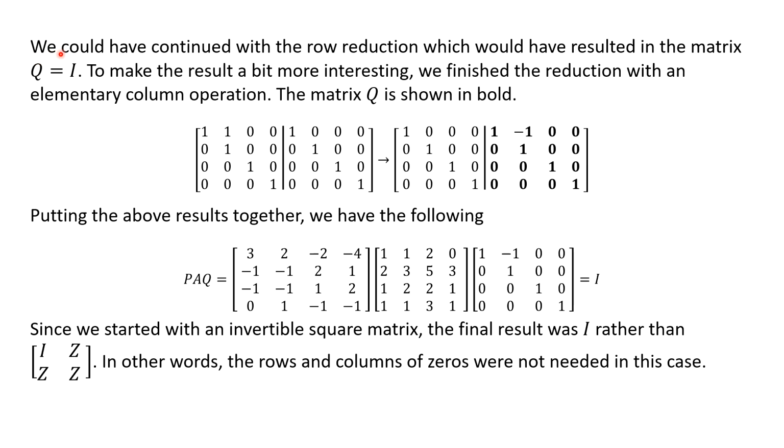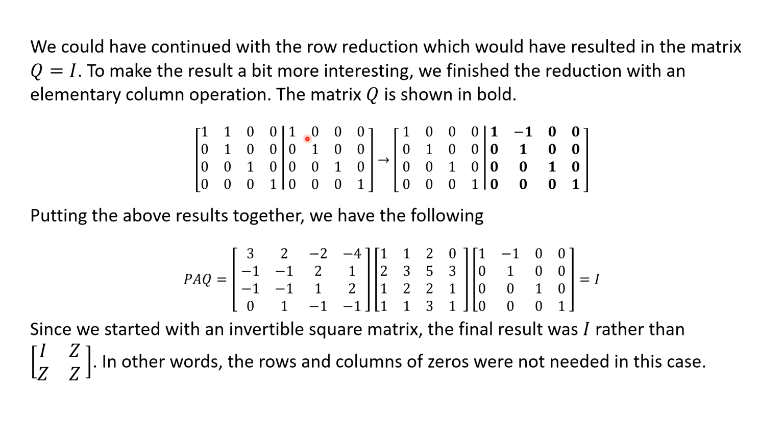Repeating myself here, we could have continued row reduction, which would have resulted in the matrix Q being the identity. In other words, nothing to make use of there. To make the result a bit more interesting, we finished the reduction with an elementary column operation. To get rid of this, we take 1 times column 1 and subtract it from column 2.